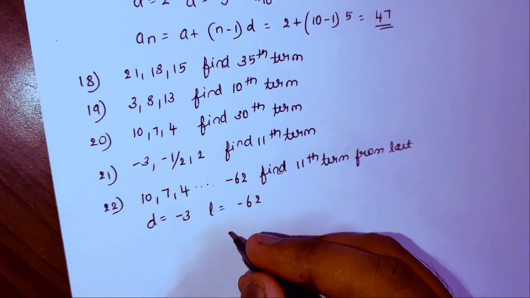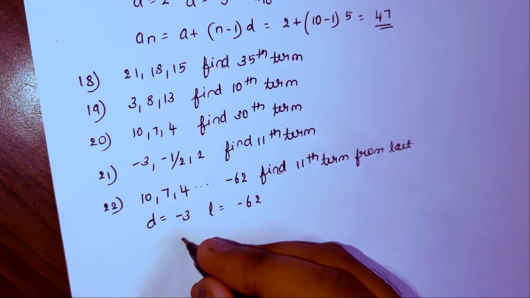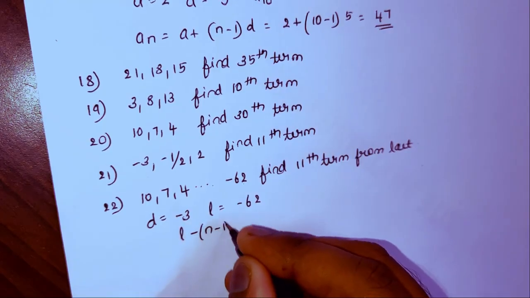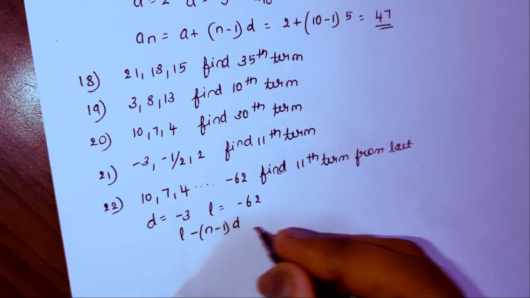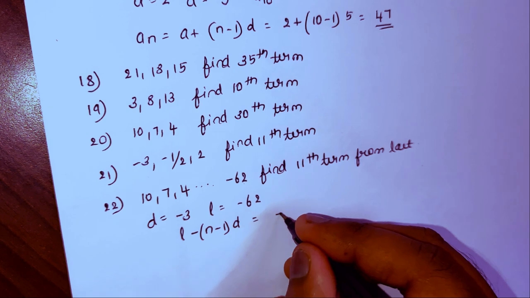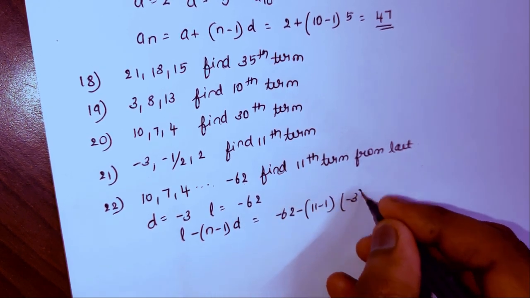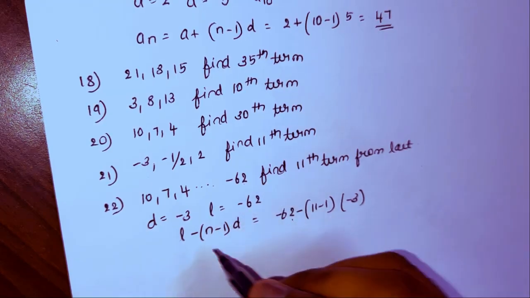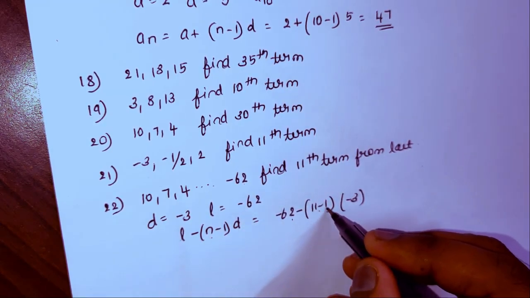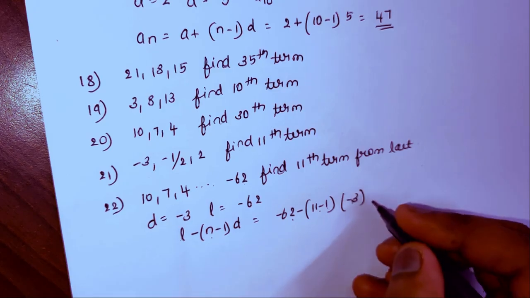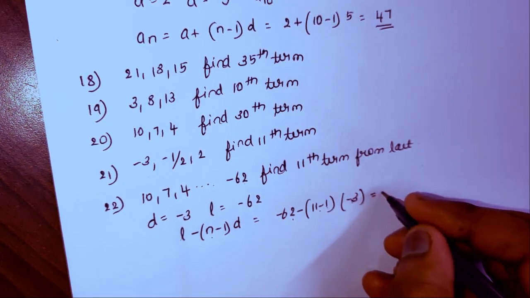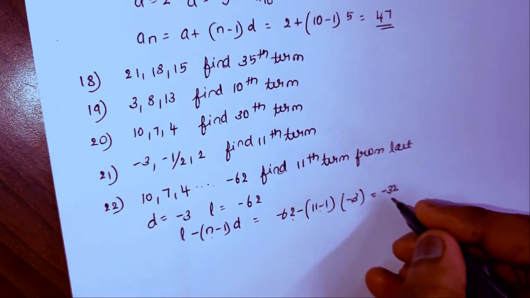So the nth term of an arithmetic progression from the last is l minus n minus 1 into d. 11th term from the last is minus 62 minus 11 minus 1 into minus 3. l is minus 62, n is 11, and the common difference is minus 3. You will get the answer, that is minus 32.